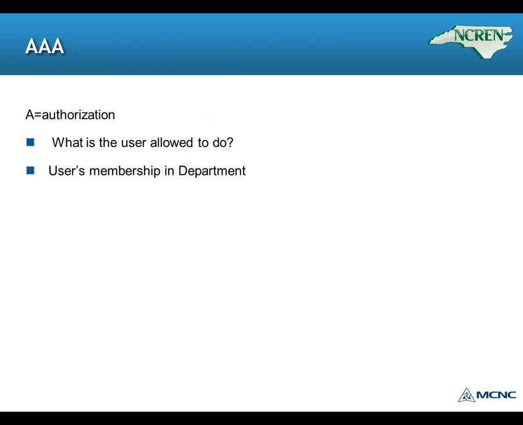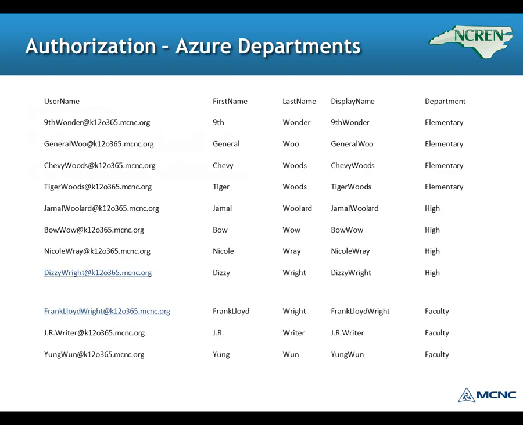But suppose we want to turn on authorization or have authorization working because we want to make a distinction between types of users, teachers and students, or high school and elementary school, honor roll students, or people who have to do yearbook, that kind of thing. We would need to add authorization for that. And authorization is what the user is allowed to do.